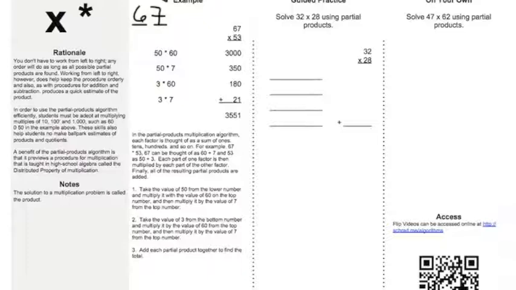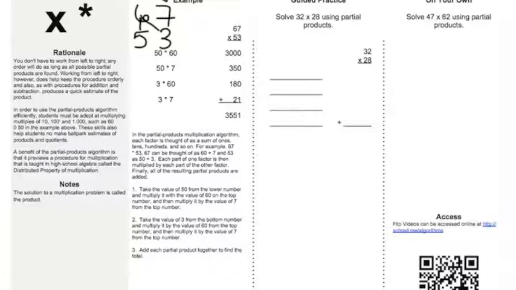Okay? So then each digit of the factor is multiplied by each digit of the other factor. So let's talk about what that means. In this case, I've got 67 times 53. This 60 is multiplied by the 50, and this 60 is multiplied by the 3.